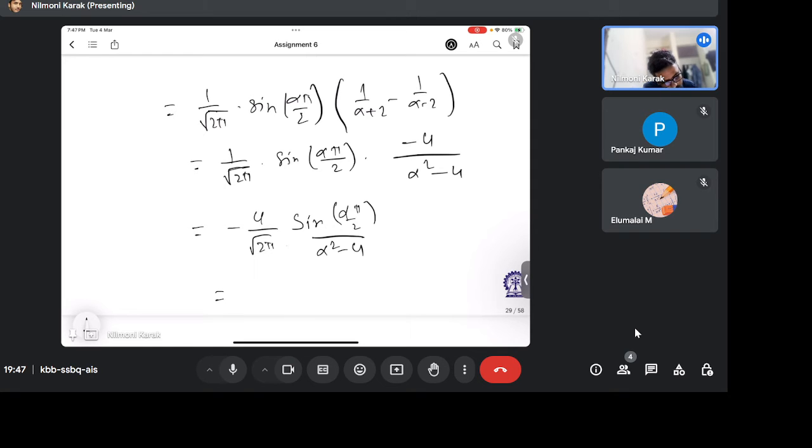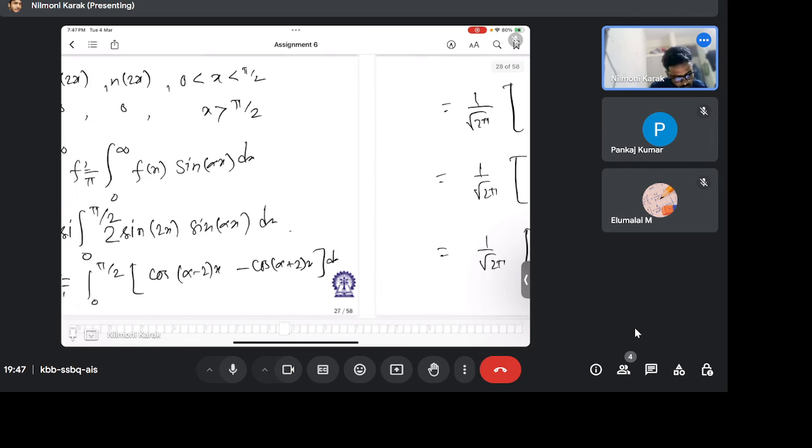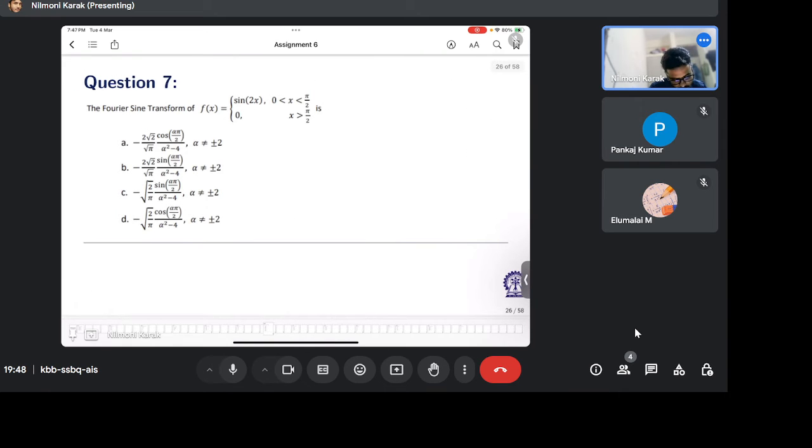You can write this as minus 2 root 2 by root pi sine alpha pi by 2 divided by alpha square minus 4.